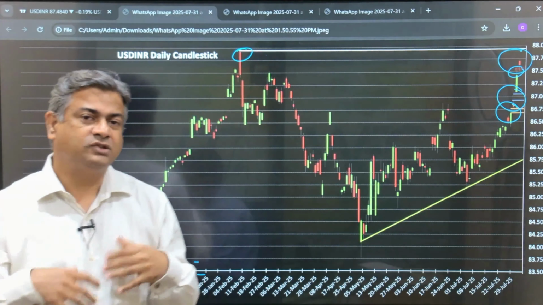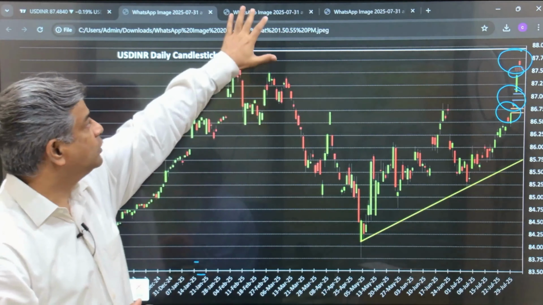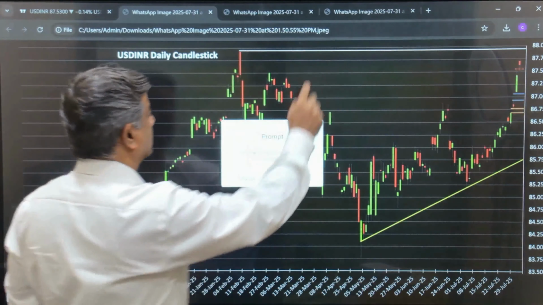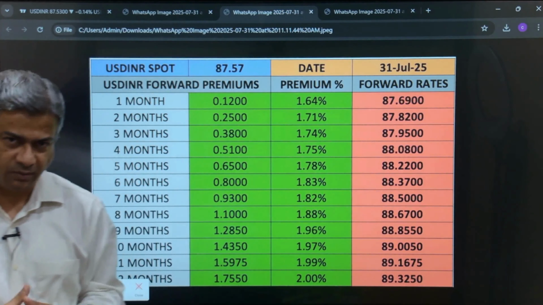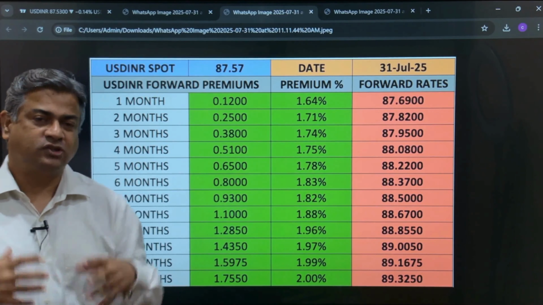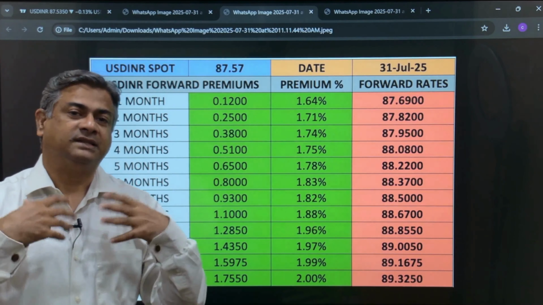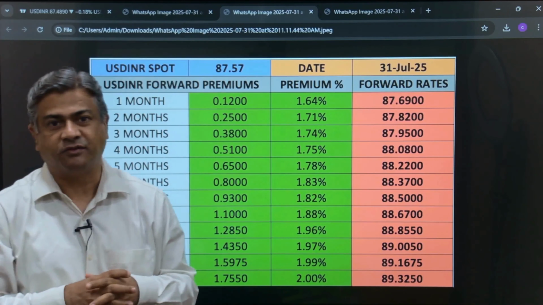So we very strongly recommend all exporters to hedge. I will show you what I have. So this is a typical forward table that we have. My strong recommendation to all dollar exporters is to sell your future receivables. If you look at the spot, we are around 87.50, 60.